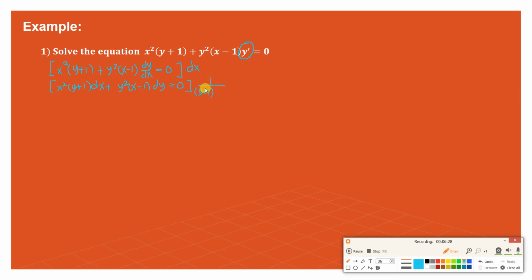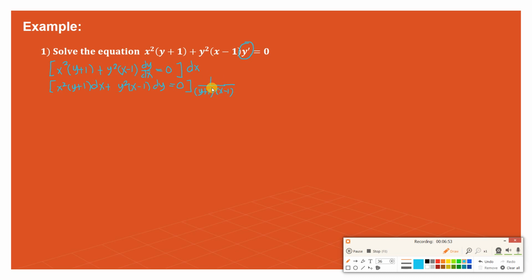Para pag ito, minultiply ko sa first term, cancel si y plus 1. But on the second term, since we have x minus 1, we have to eliminate it to retain only y squared dy. We need to divide it by x minus 1. Ibig sabihin parang LCD niya, no?